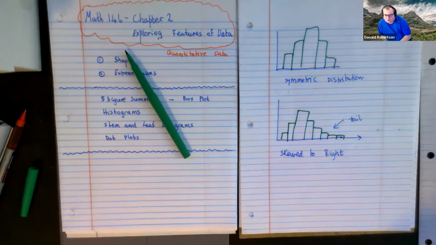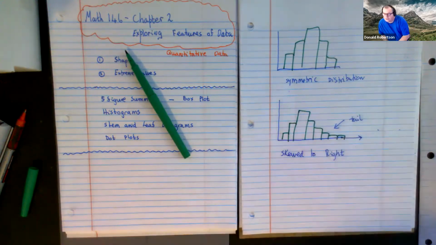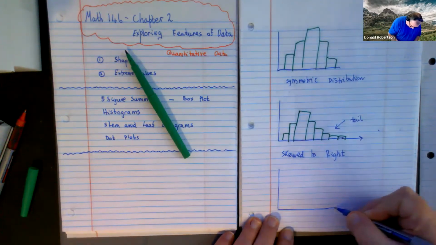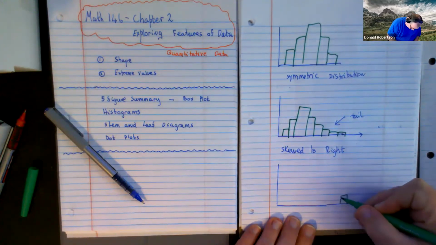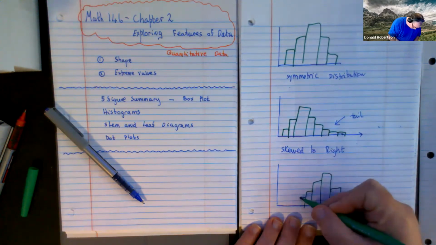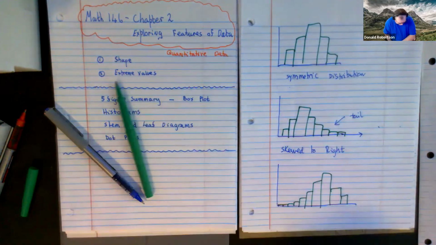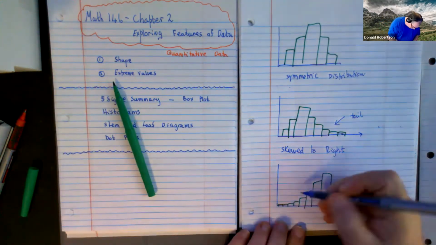So if you have data there, it climbs up to a hill, but it takes a long time on the right-hand side where the tail is. It's called skewed to the right. Of course, you could get data that looked like this. If you had no imagination, what do you think this distribution is called?